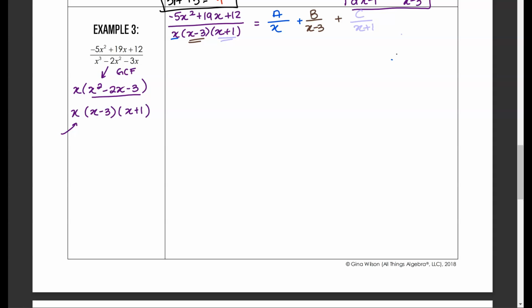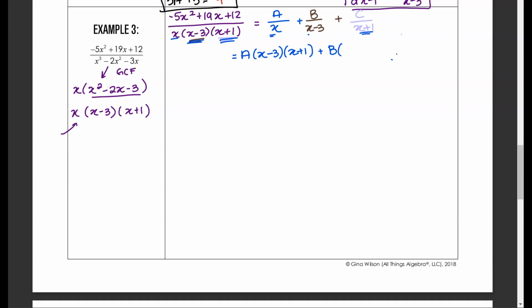So when I multiply all of these by the least common denominator, you can see that the a is missing the second and the third term. So I'm going to have a times x minus 3, x plus 1, plus b. What is b missing? b is missing the x and the x plus 1.